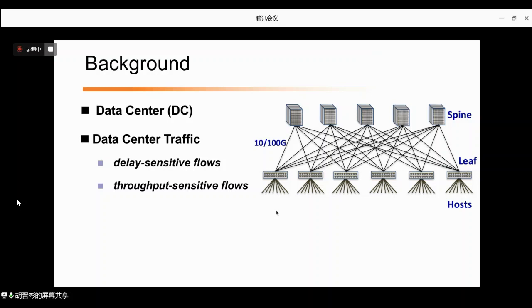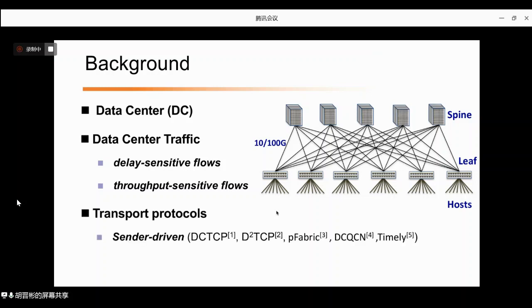Sender-side transport protocols only react after congestion already happens, so they inevitably induce queue build-up and affect the performance of delay-sensitive applications. In recent years, receiver-driven transport protocols have been proposed to guarantee ultra-low latency by using a proactive congestion control mechanism.